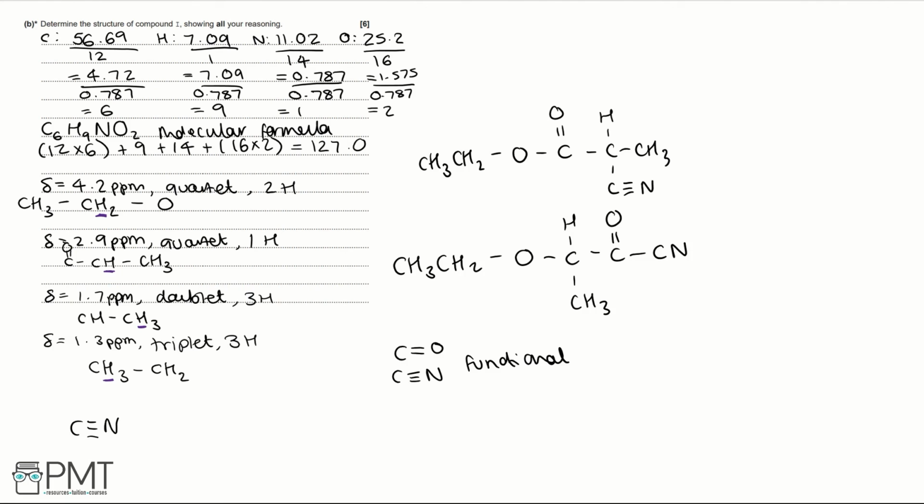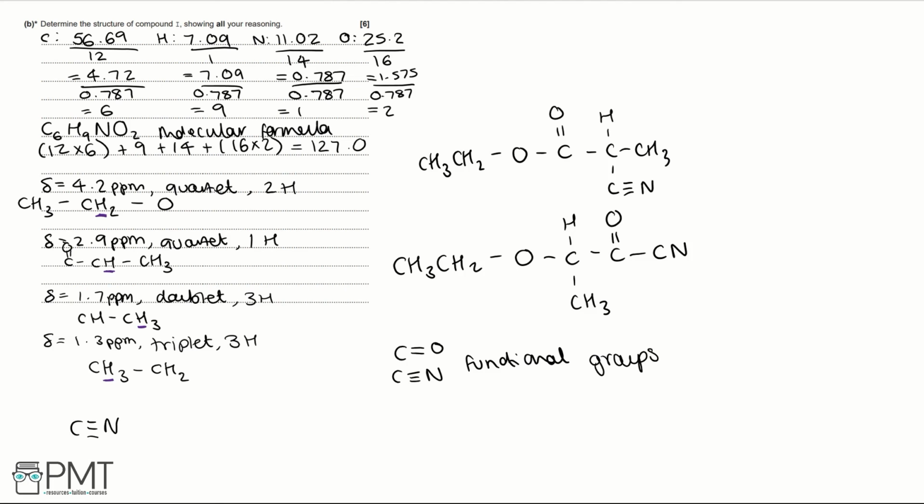Because this is a level response question, there aren't specific marking points. Instead, to get the 6 marks, your structure of I has to have a viable chemical structure of C6H9NO2. So that's the molecular formula that we carried out. And it needs to have the key features which are consistent with the spectral data.